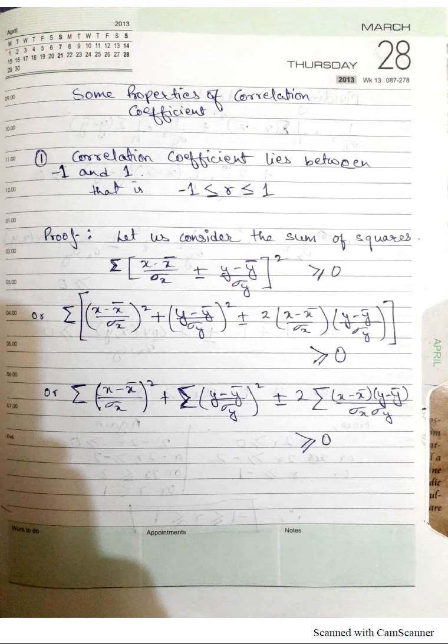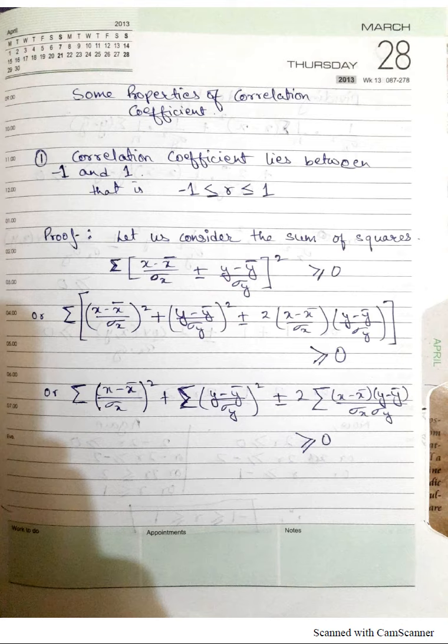If two variables are perfectly negatively related, then the correlation coefficient is said to be -1. If the two variables are just negatively related, then the correlation coefficient will lie between -1 and 0.